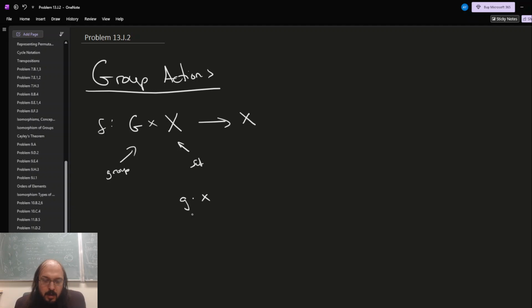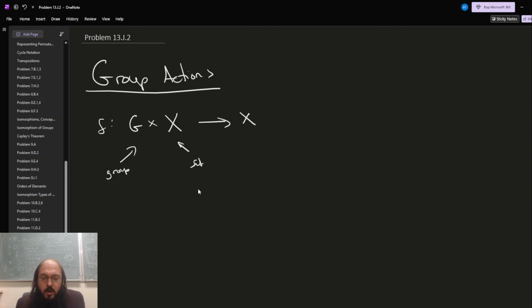We just write GH or whatever, right? Concatenation notation for multiplication. For group actions, we often specifically use the dot to indicate that something a little bit non-standard is going on. And this then gives some other element of X back out, right? This is a function which takes in a group element and a set element and returns a set element.